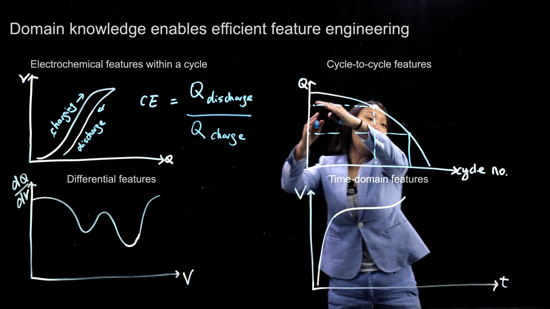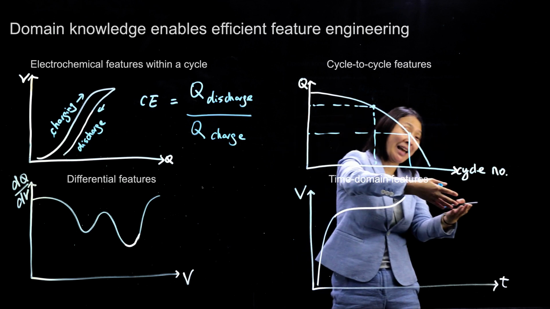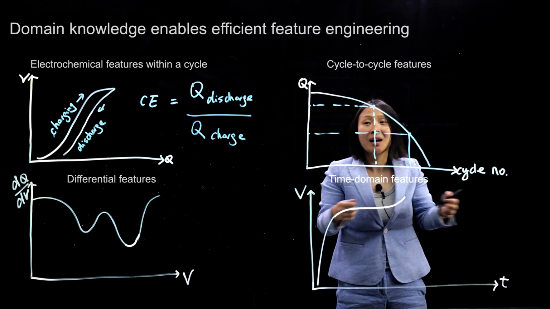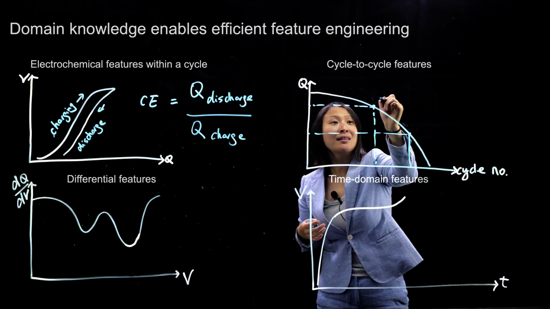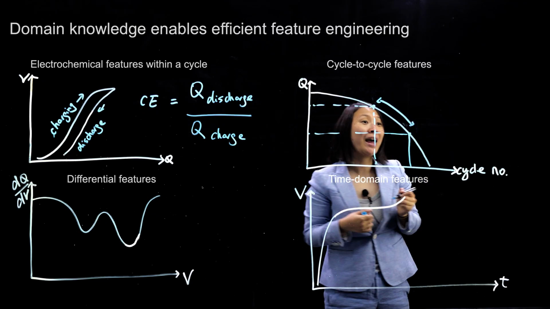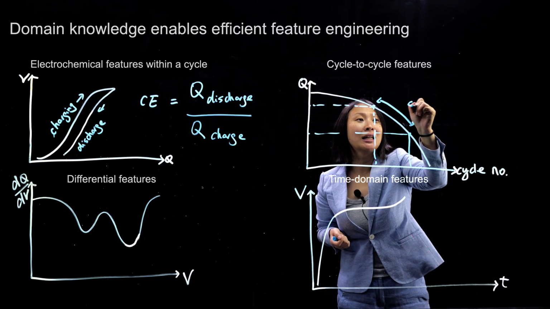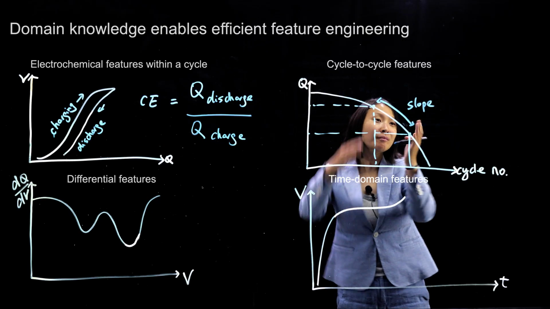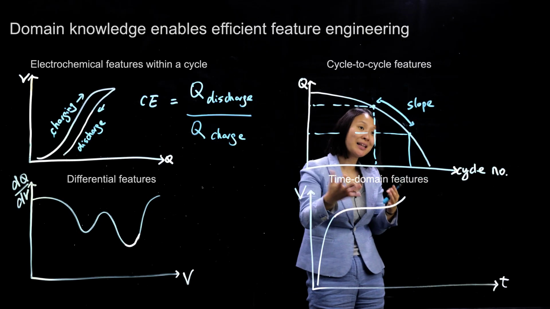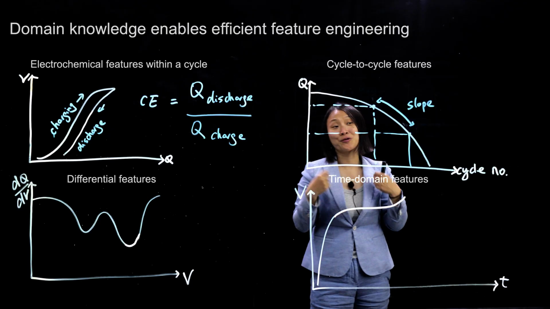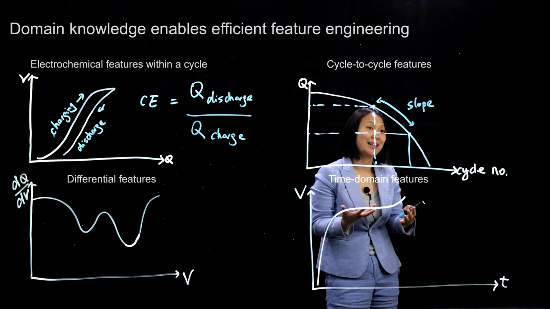Over time, we see the capacity decays because the battery degrades, and we can extract two specific cycles, and then we can calculate the slope of such capacity changes.